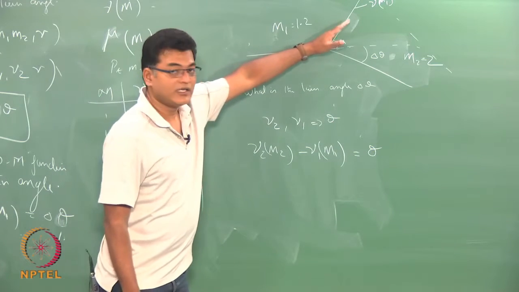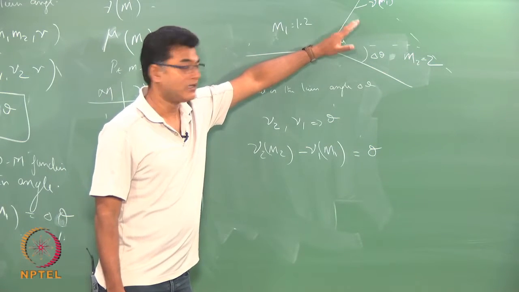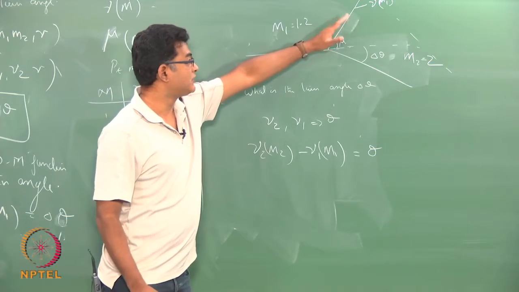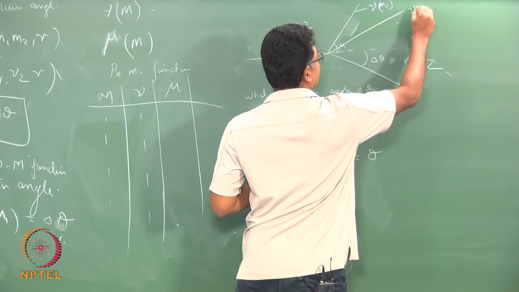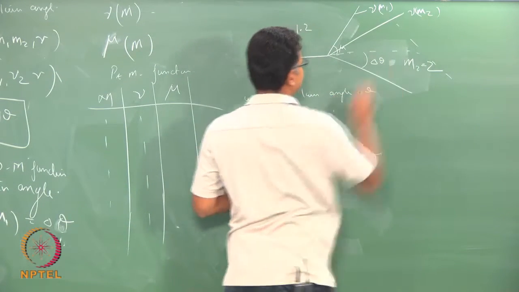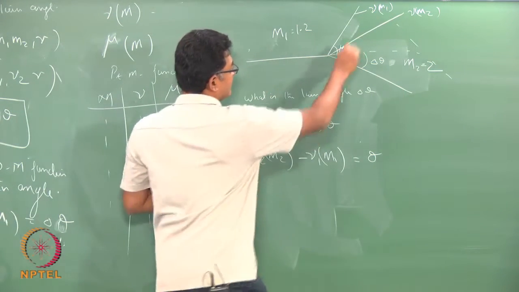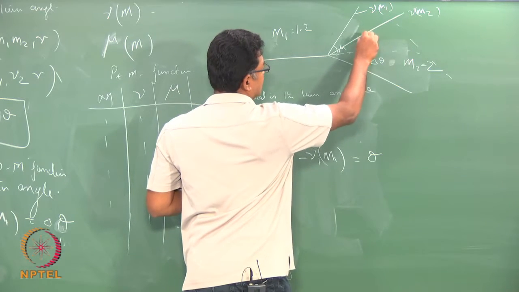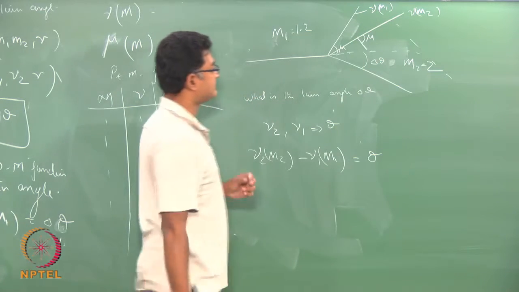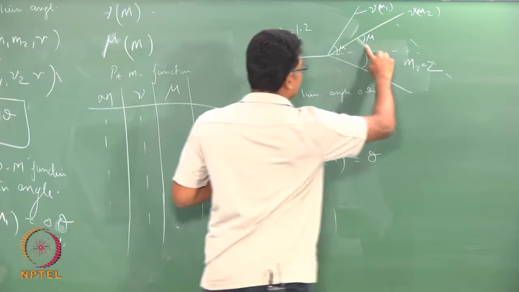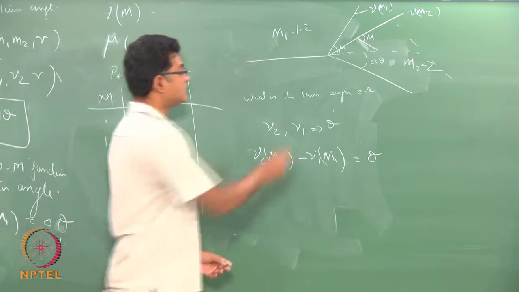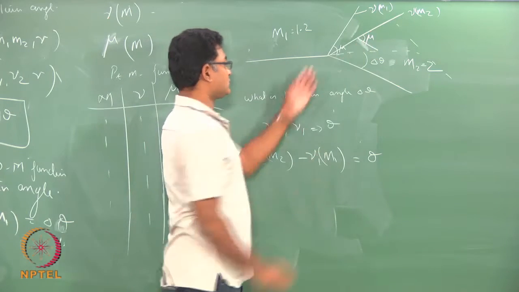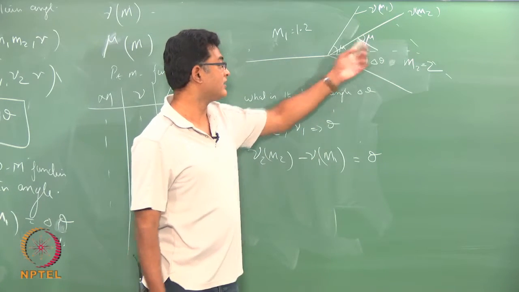And this generates an expansion wave, with the first one being this and the last one being nu as a function of m2. This will have an angle mu along with the direction, so this is my mu. So this is the so-called shock angle or the wave angle here.